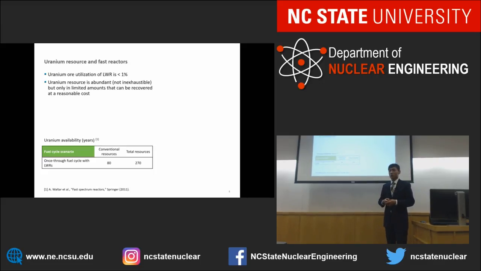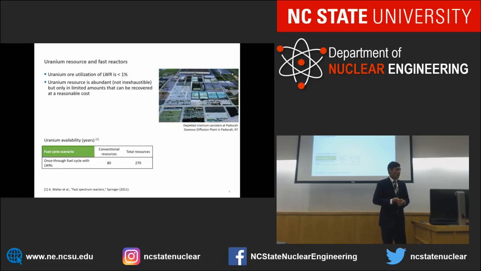If we continue to use it once through in light water reactors with an open fuel cycle, then the current resource can sustain the nuclear industry for about 80 years or so. If we count all the uranium, regardless of grade, then we're talking about less than 300 years.